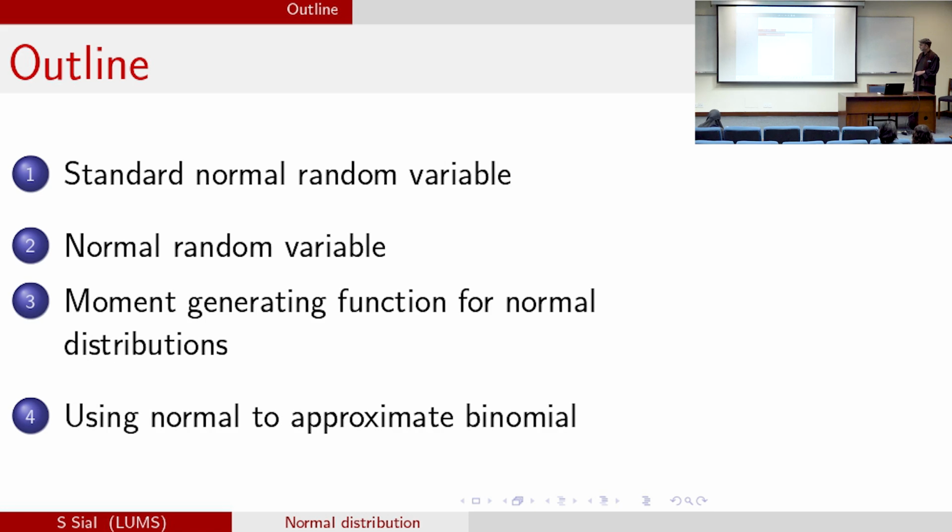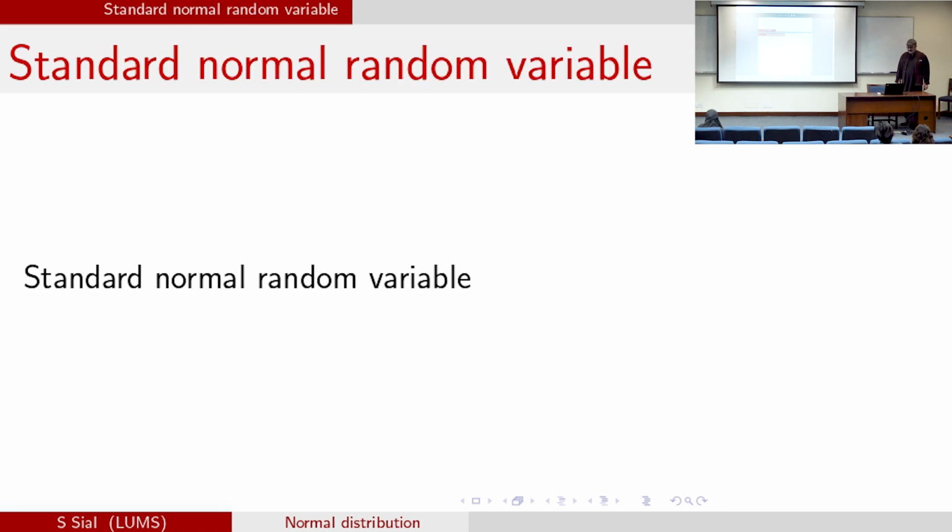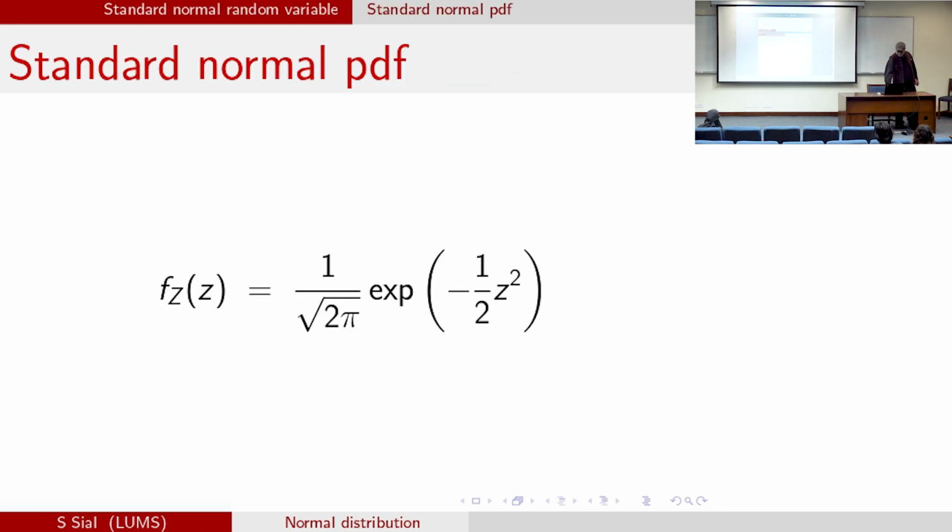Okay, and we start by defining the standard normal. It's traditional to write the standard normal random variable as capital Z. So the standard normal distribution has this form: 1 over root 2 pi exponential minus 1/2 z squared.